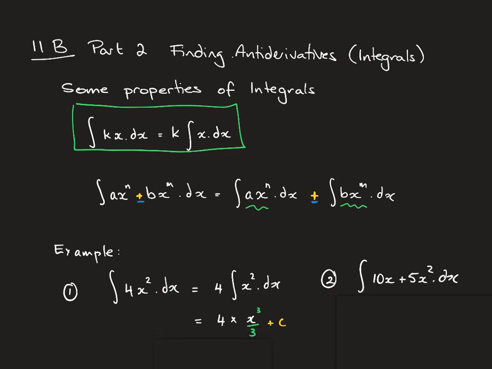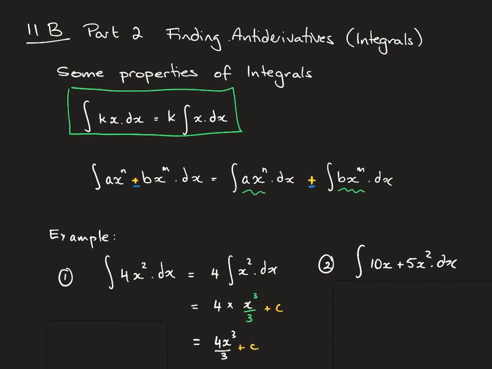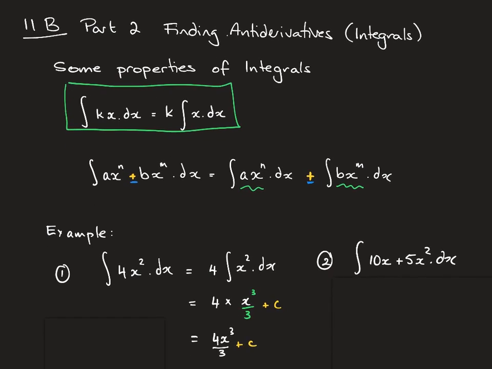And people are going to start getting upset now because this is a little bit weird, because it's supposed to be 4 times the whole of this thing, which it actually is. And when I multiply out this bracket, I get 4 times the first term, which gives me this term, and 4 times the constant.